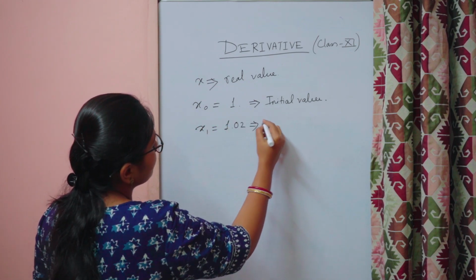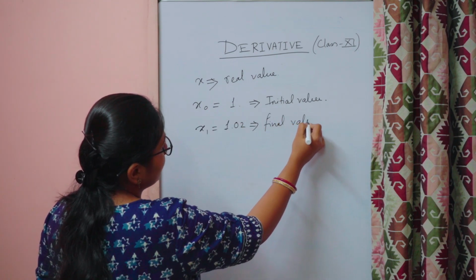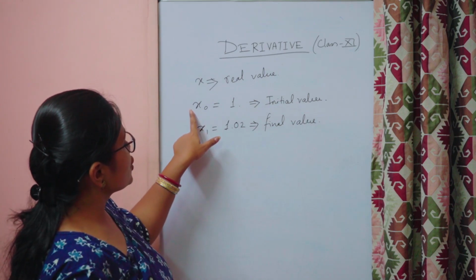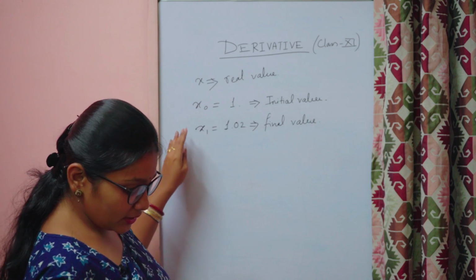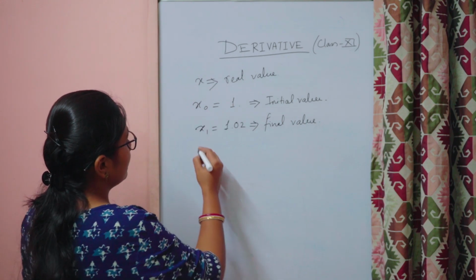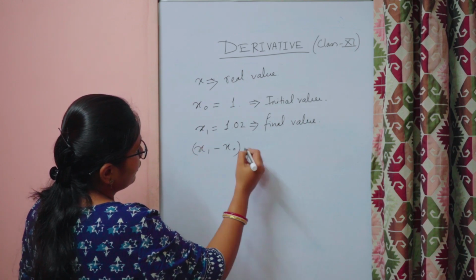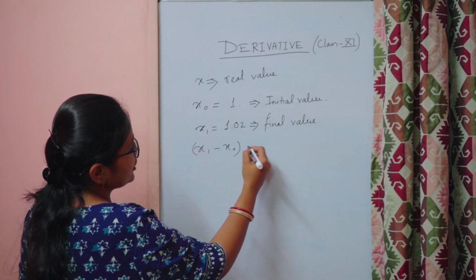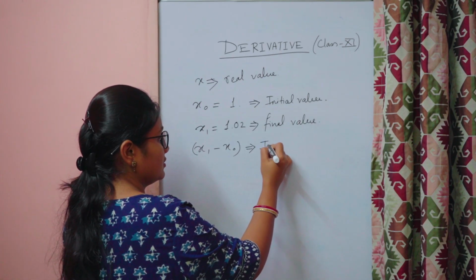This is your final value. Okay, this is your initial value and this is your final value. So when you find the difference x1 minus x0, that means final value minus initial value, that is the increment.